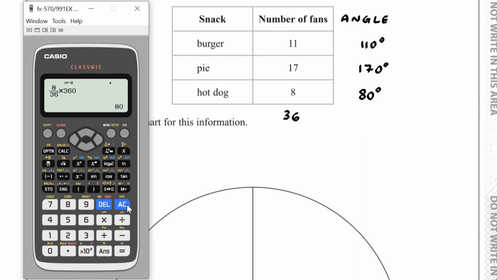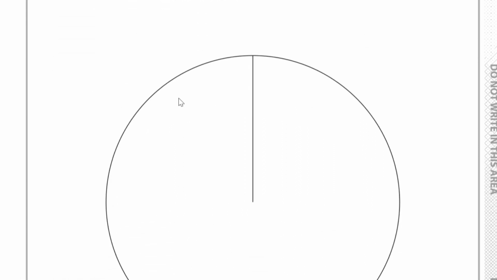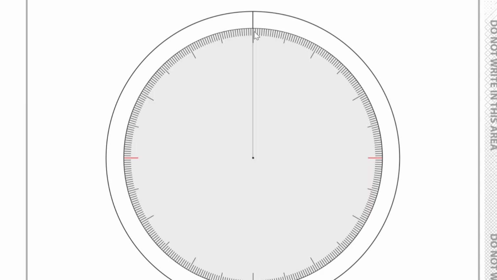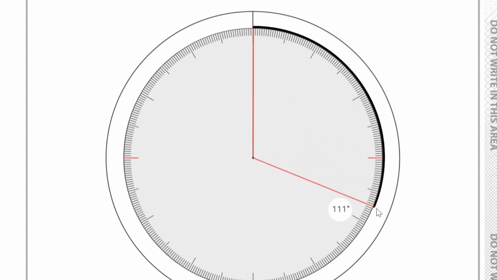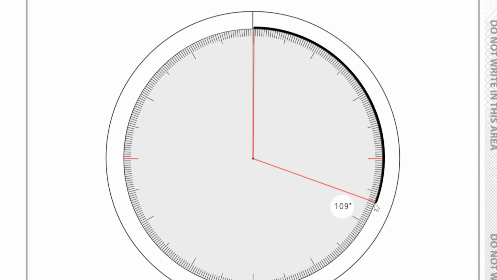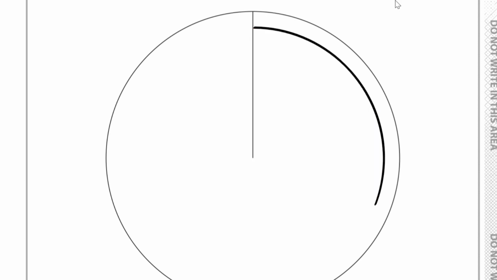So if we draw a pie chart for this, well, we need to show 110 degrees. So 110 will be over here.